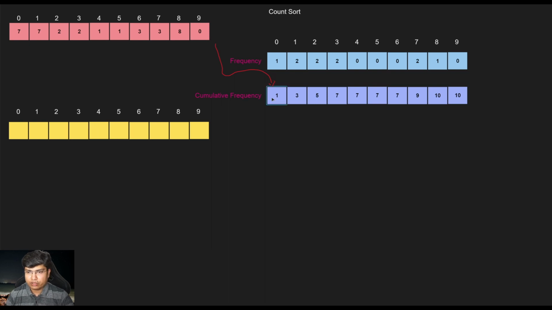Now I will take this number and subtract 1 from it. 1 minus 1, and I will get the index where I have to write this number. So it gives me 0. I go and write 0 over here.